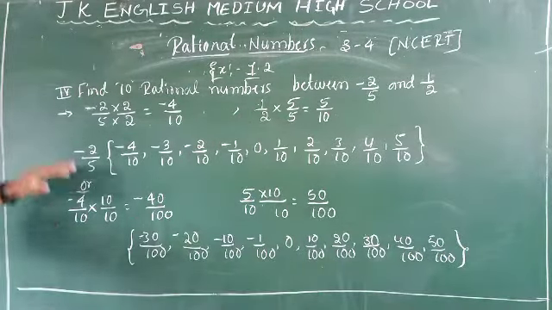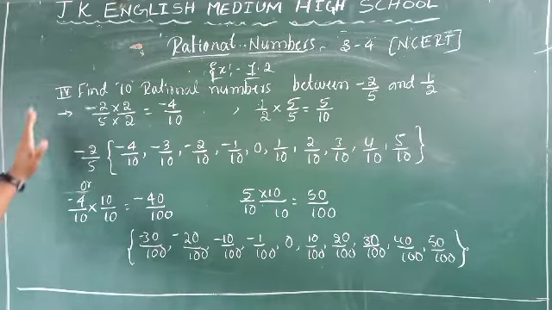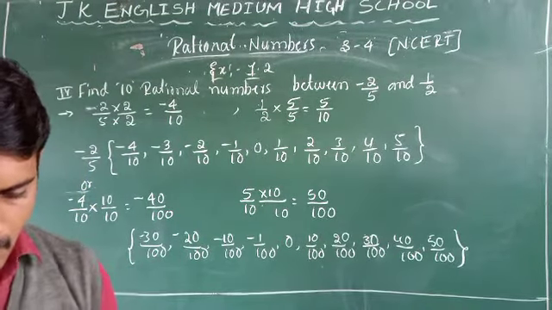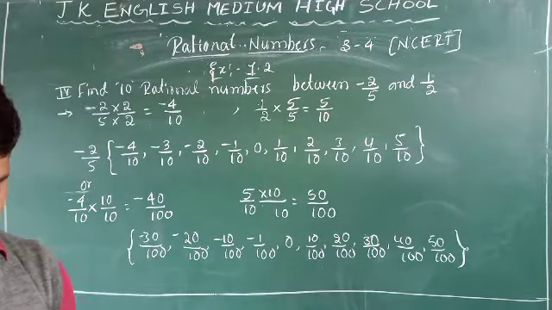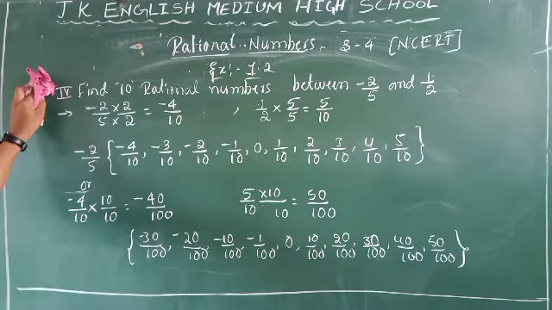So you can write this, otherwise any one you can write. But in the notes you have to write both. In the examination you can write any one out of these two. Okay, so next main. This is the fourth main.